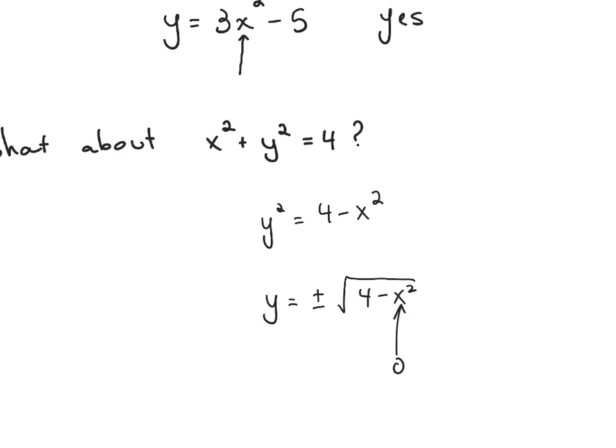So what we actually got is, when I plugged in x equals 0 for y, I got two different values, -2 and +2. So this doesn't follow the definition of a function. One input gave me two outputs. So the answer here is no, it's not a function of x.